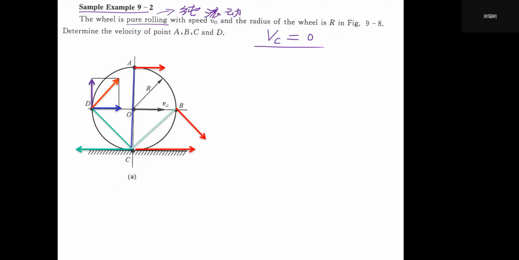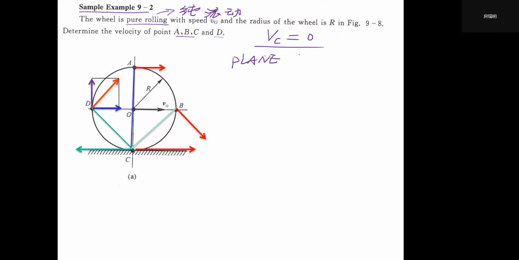So let's see that this wheel is in pure rolling with speed V0 along the horizontal line, this V0. And the radius of the wheel is R. So determine the velocity of points A, B, C, and D. The first thing is, it's obvious that this wheel is a plane motion, right?